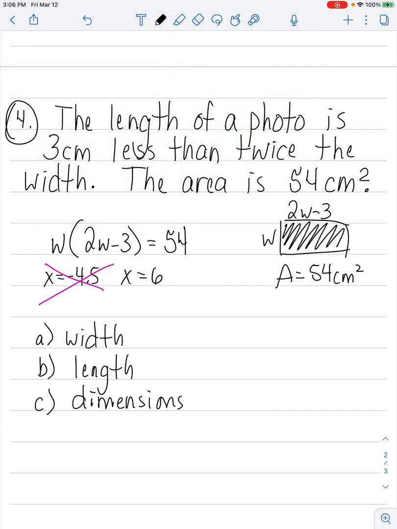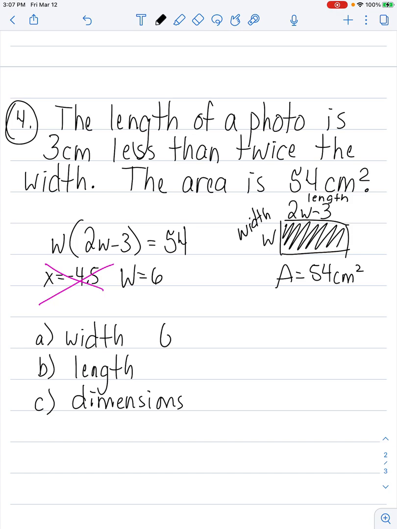Now I can answer my questions. It says the length of a photo is 3 centimeters less than twice the width. So this is my length and this is my width.